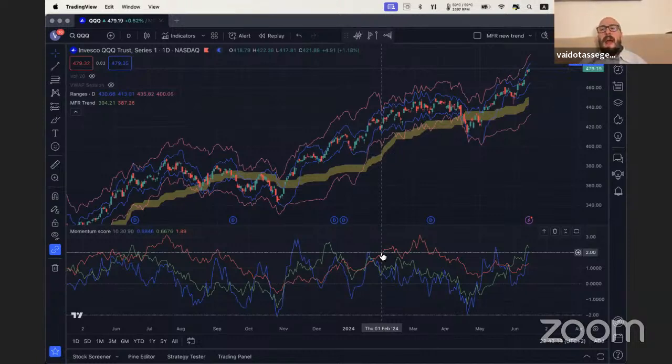Momentum can go down, but assets can stay in range or even grind higher, just slower. So when momentum reverses, so let's say the red line reversed, it's a good idea to wait for it to start sloping up again.